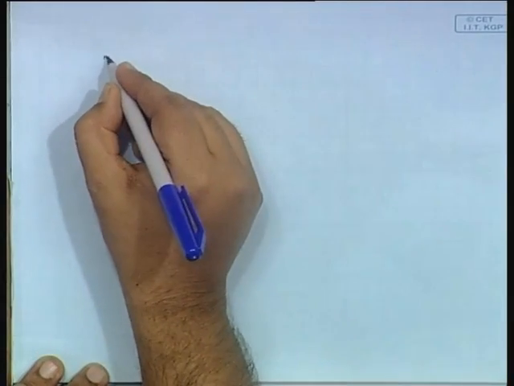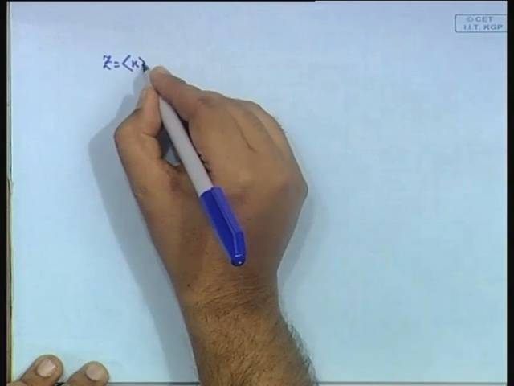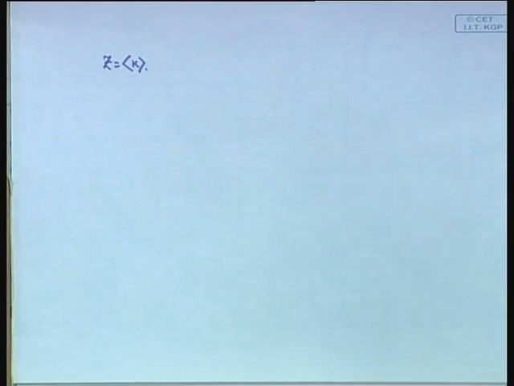Now let us say what will be z? z is the average degree, k. I want to find out the average degree. So, how do we represent average degree? Tell me the formula of average degree.